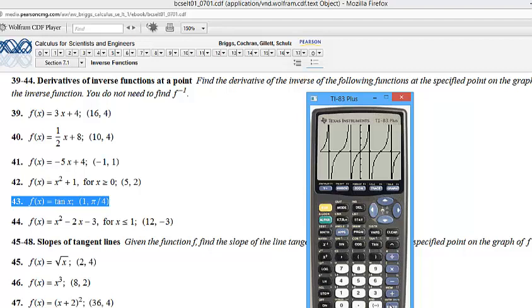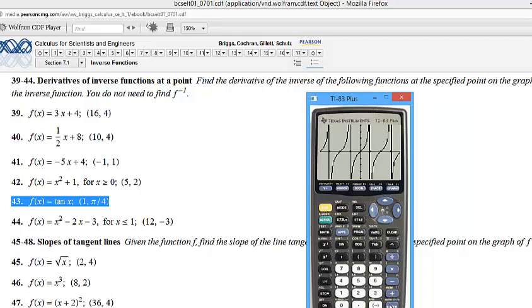You guys know what these asymptotes are at? Tangent of x, remember this, is equal to sine of x over cosine of x. When will this function be undefined? Anytime the cosine of x equals 0. And when does the cosine function equal 0?